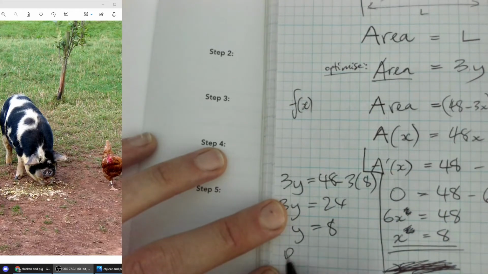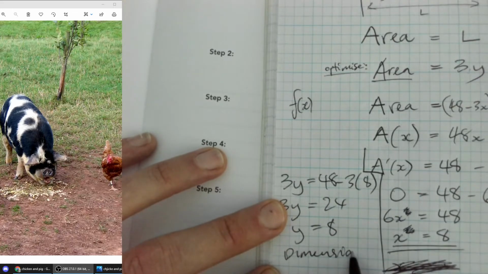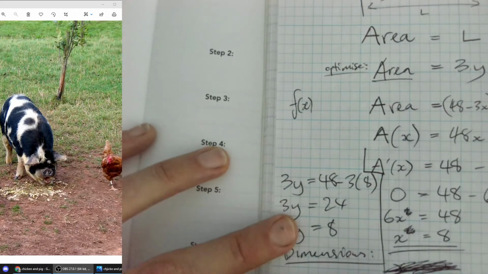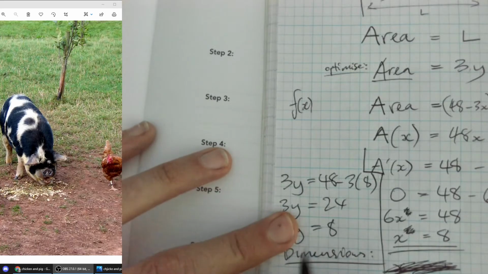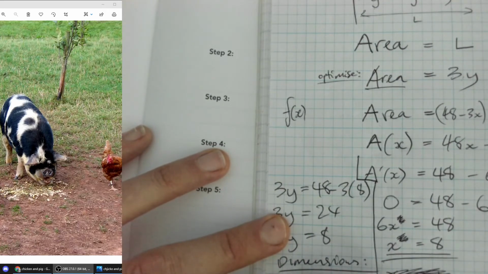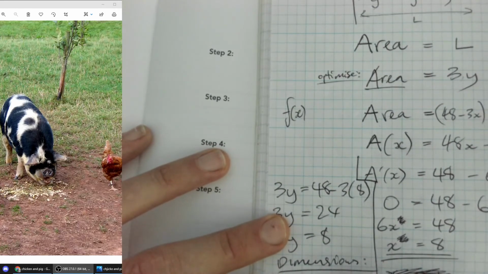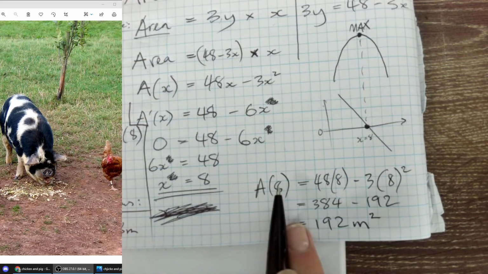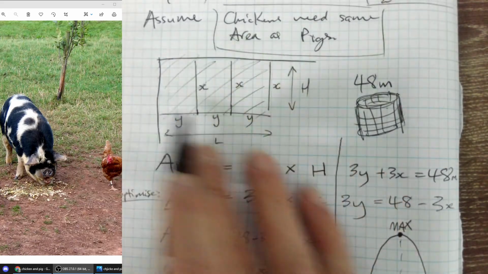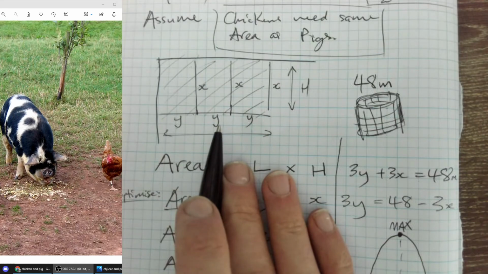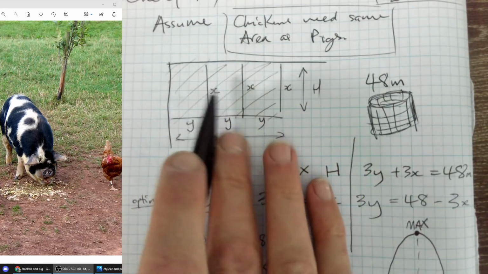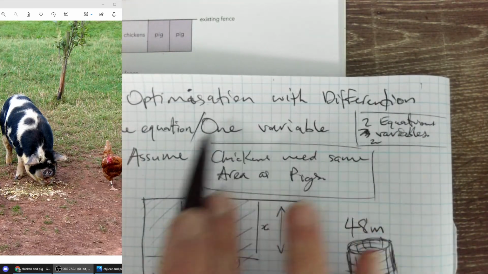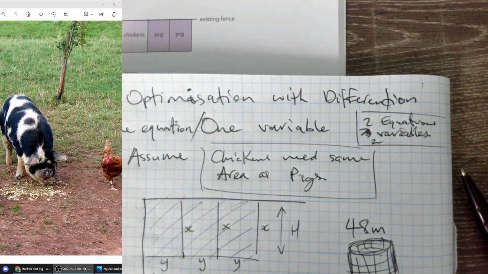So the dimensions, which is also asked for in the question, is 24 meters times 8 meters. Those are the dimensions. That is the maximized area of our chicken and pig pen, when we assume that chickens need the same area as pigs.